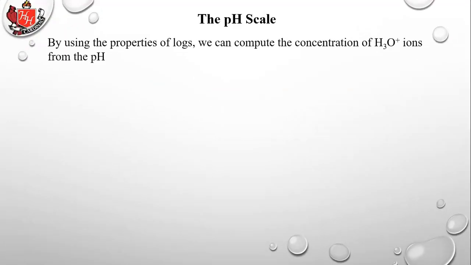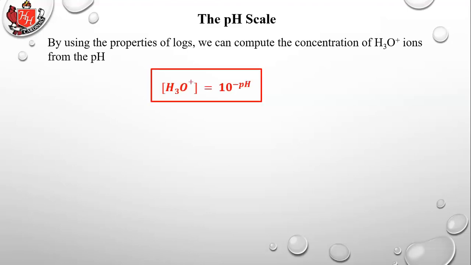So by using the properties of logs, we can compute the concentration of hydronium ions from the pH. In other words, go in the other direction of what we just did. And there's the formula. The concentration in moles per liter, that's molarity, that's what the square brackets mean, of hydronium ions is 10 raised to the negative pH.